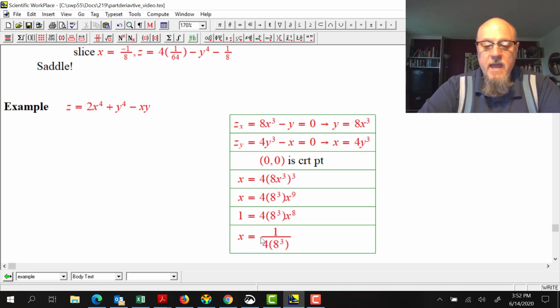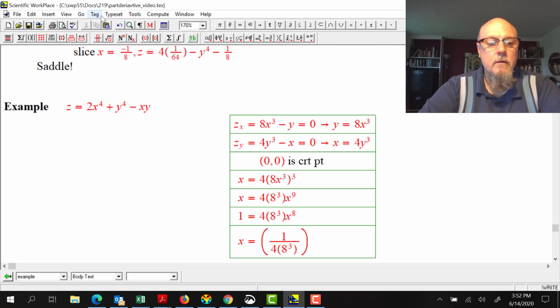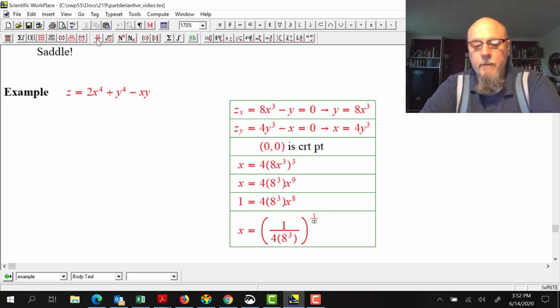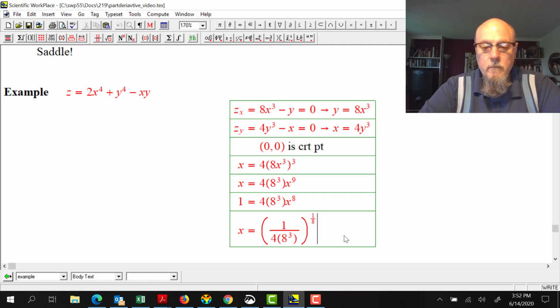Well, that would be x to the 8th. So I'm going to take the 8th root of this whole thing. Oh, wait, got to be careful. Taking the 8th root's like taking the square root. There's going to be some plus or minus floating around too.